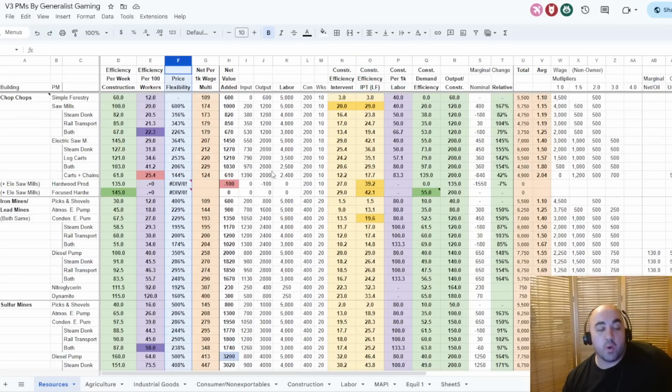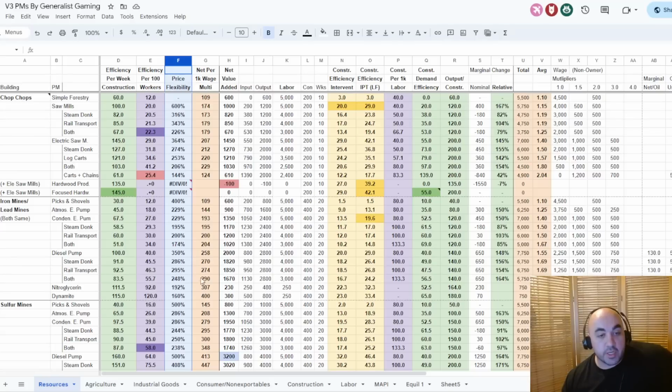Generally speaking, the way that this value is calculated is by taking the output goods and dividing them by the input goods. If something has a really high price flexibility, it can move in price a lot, specifically it can reach a really low price while still being profitable enough to employ up.